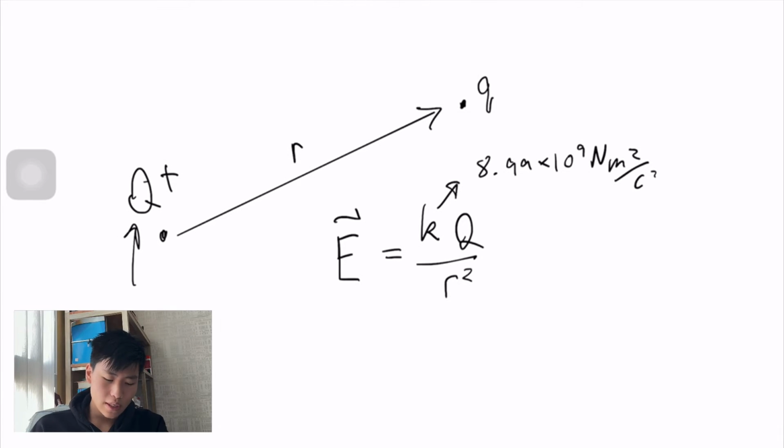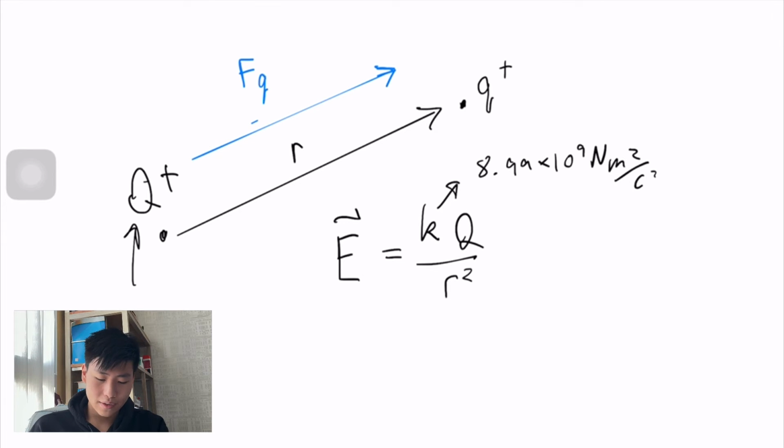So we know that these are two positive charges, right? And two positive charges repel each other. So that means the electric force is going to be in this direction, the same direction as the E field.